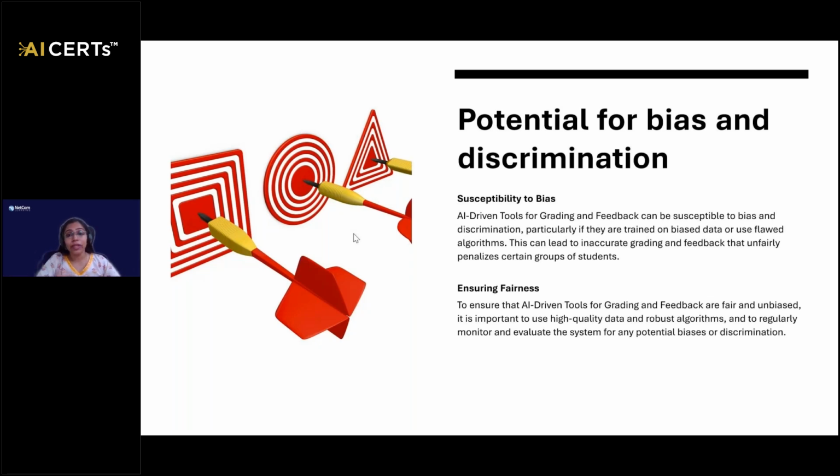So it's really important to use a good training model so that you do not get biased grading or feedback for your students.